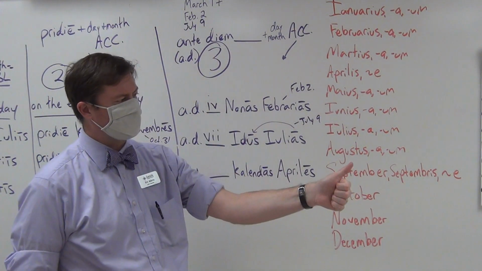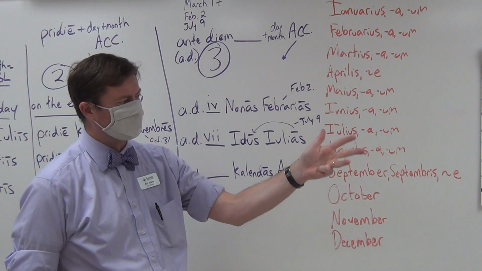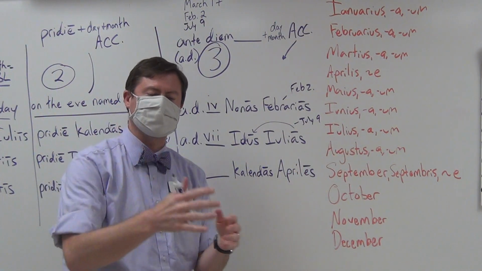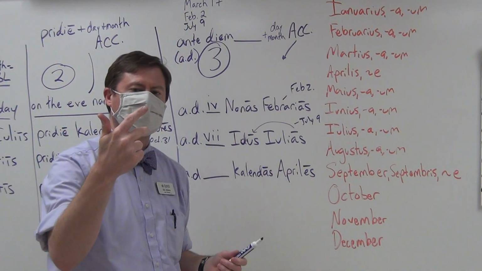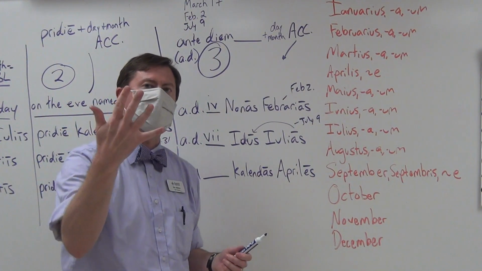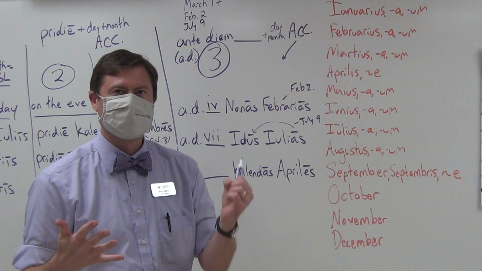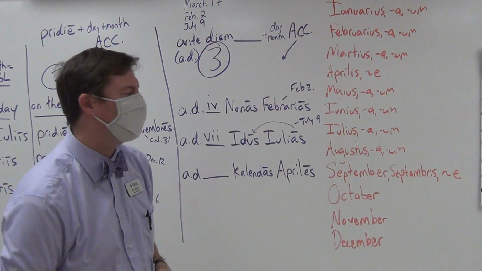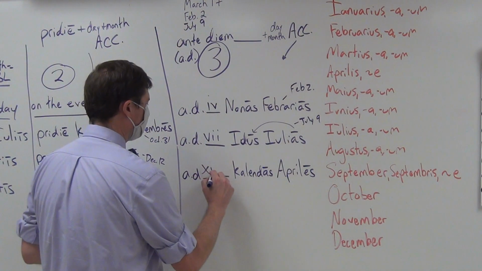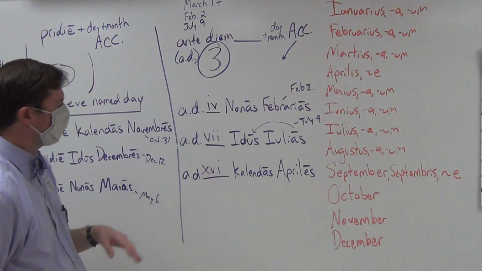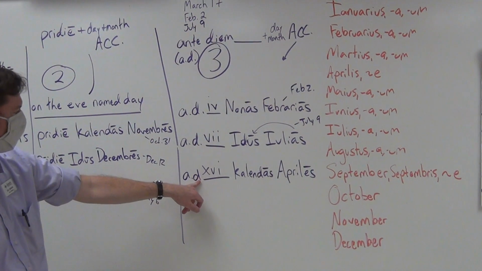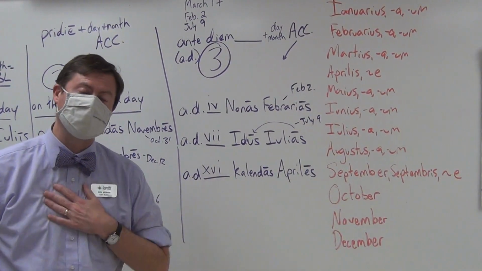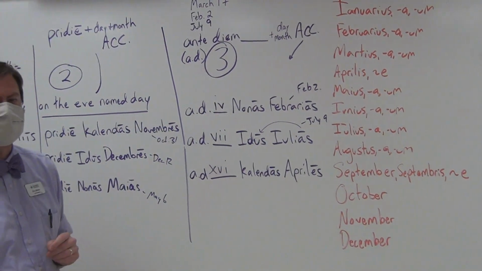So, March 17, 18, 19, 20, 21, 22, 23, 24, 25, 26, 27, 28, 29, 30, 31, and the first. Count inclusively. So that was 16. XVI. The 16th day before the April Kalends is what we call March 17th.